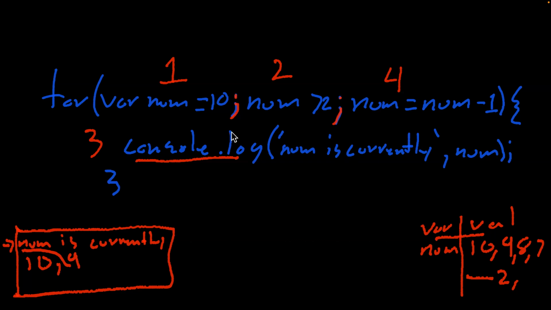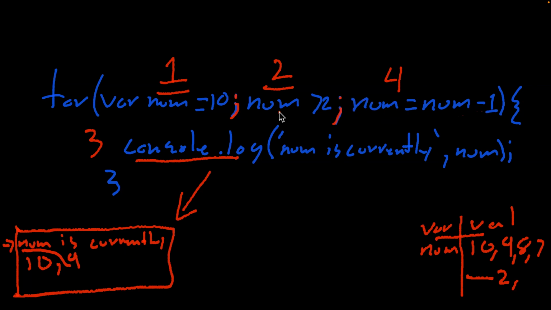So this is the order. We have this section here, the first part where we declare the variable. We look at what it's asking for. We're saying, while this variable is greater than 2, do something. So we go inside the function. We know that it starts and ends here by these curly brackets. We do the thing it asks us to do. Right now it's a console log, so we note on the console what we want to do. As soon as we finish the function, we go past the second semicolon, and we decrease num by 1.